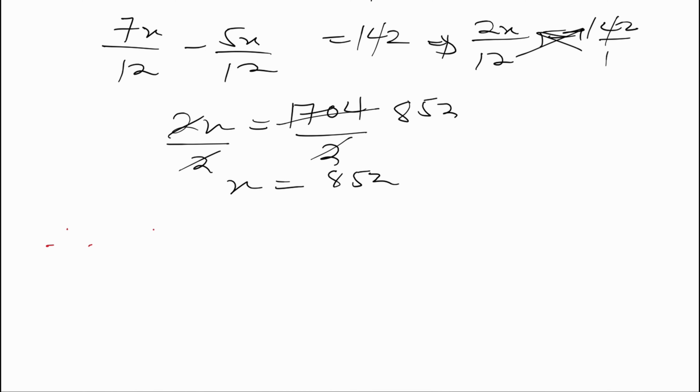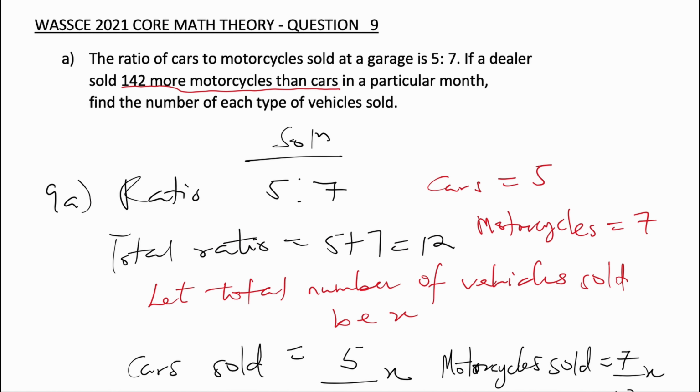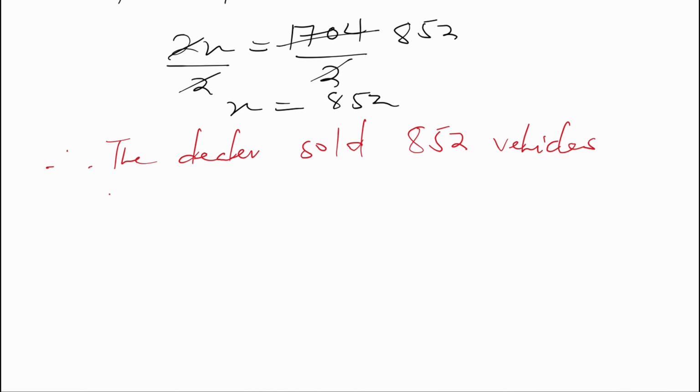So therefore, the dealer sold 852 vehicles. But from our question, we are being asked to find the number of each vehicle sold. So we find the number of cars sold and then the number of motorcycles sold.